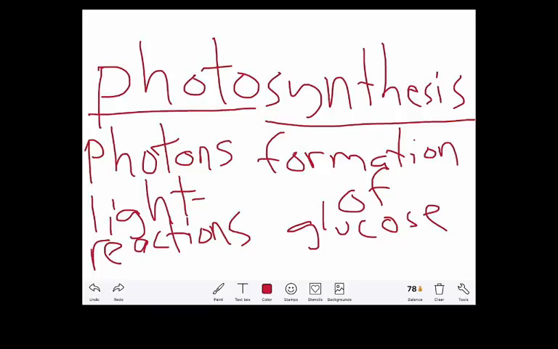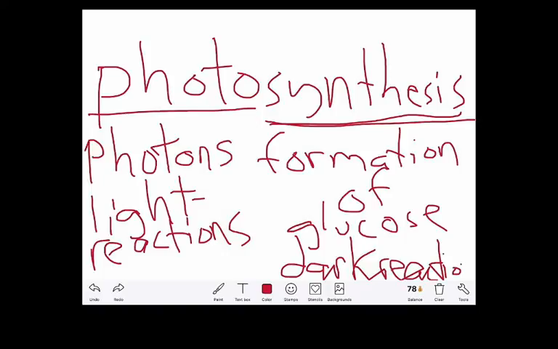The synthesis part of the word photosynthesis, the formation of the glucose, that's a series of reactions that are called the dark reactions. So in the next videos, we're going to be describing the light reactions of the photo part of the word photosynthesis and the dark reactions, the synthesis part of the word photosynthesis.